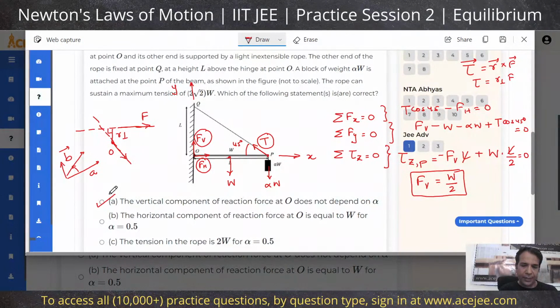Then it says the horizontal component of the reaction force at O is equal to W for alpha equal to this. So let's figure out the value of Fh.